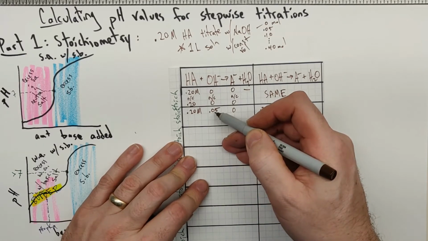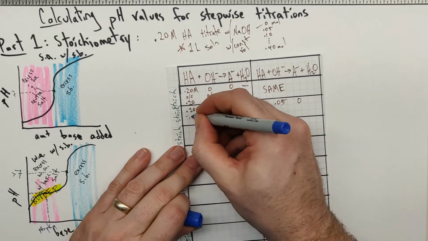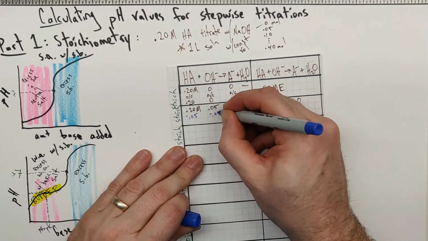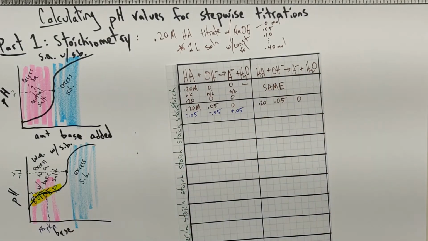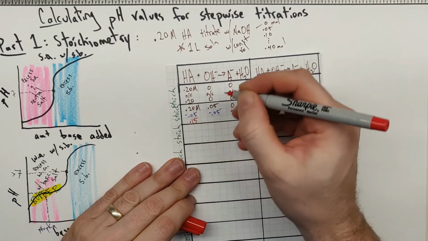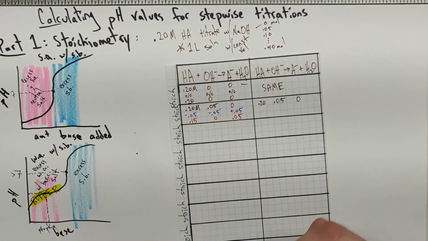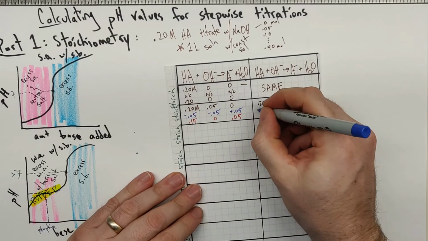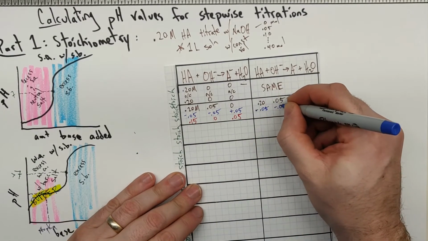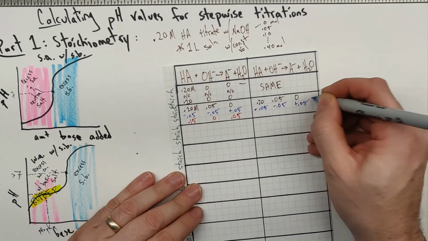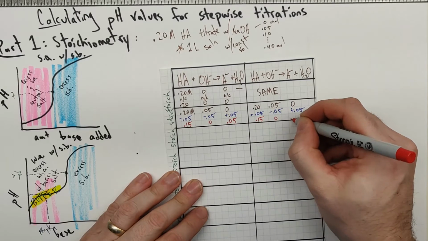This is my limiting reactant. I'm going to use it all up, so I'm going to lose 0.05, and I'm going to gain 0.05, and we're going to end up with 0.15 and 0 and 0.05. And over here it's going to look exactly the same. I'm going to take away the 0.05, gain it, and we'll end up with 0.15, 0, and 0.05.